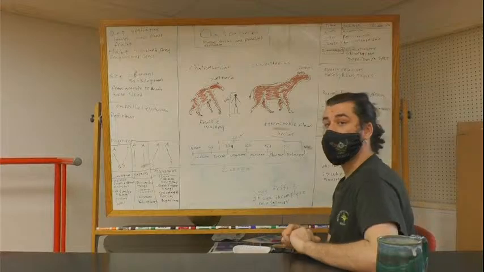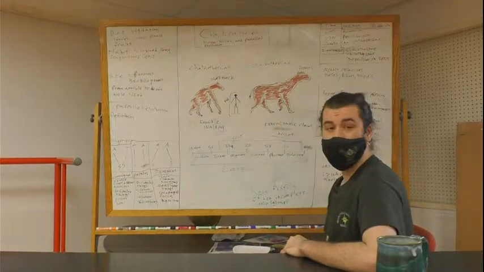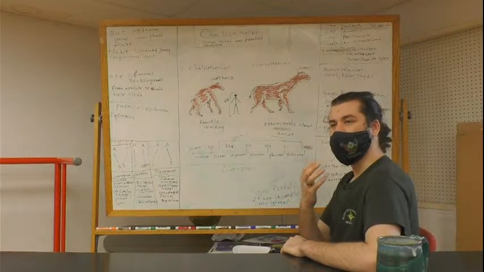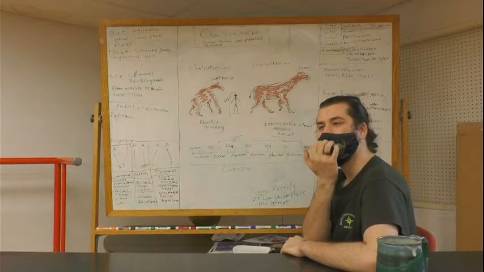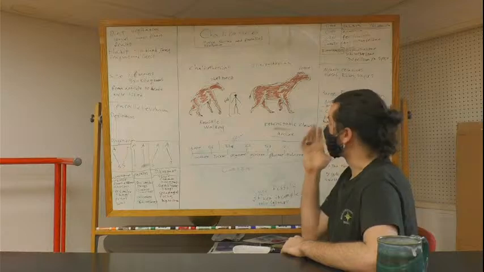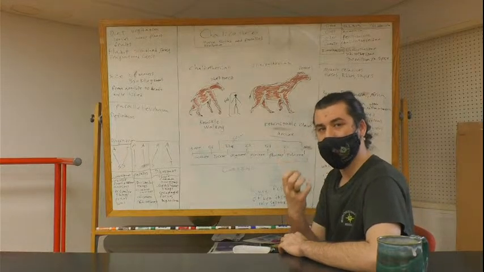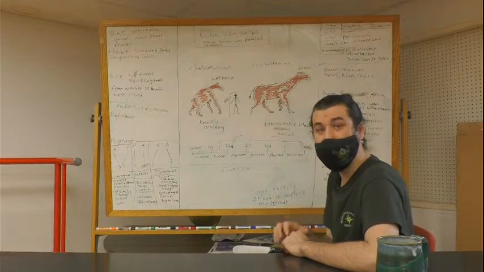A cool trait that they all share, both of these two different families, is that they don't have any upper incisors or those front teeth. And there's decent evidence, much like giraffes today, they may have had a muscular tongue to sort of grab food with.